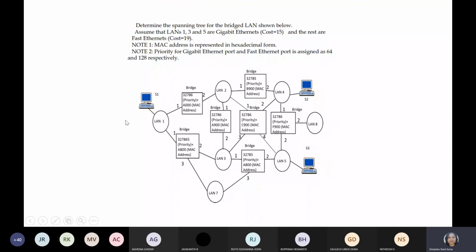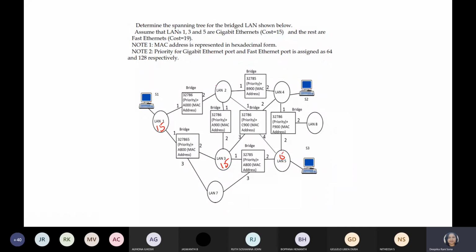This is also part of your DA question only, guys. So here, same situation. Determine the spanning tree for the bridge LAN shown below. Assume that LANs 1, 3, 5 are gigabit Ethernet with cost 15. LAN 1 is 15, 3 is 15, and 5 is also 15. You have to mark the link cost with respect to these LANs 1, 3, 5.